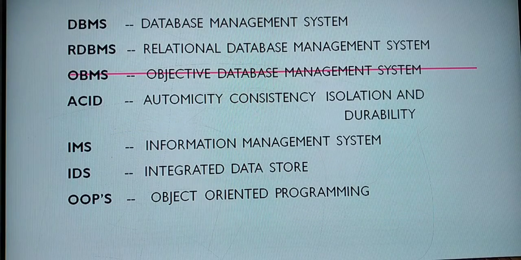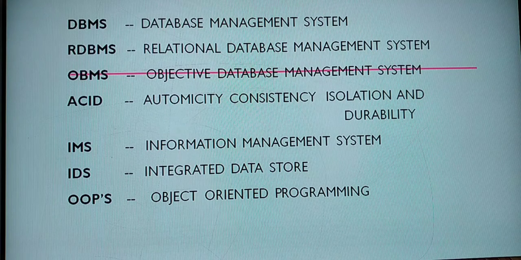Yes, these are your expansions. First one, it is your DBMS, that is database management system. Next one, RDBMS, relational database management system. OODBMS, object oriented database management system. ACID property, this is a concept that you will have under database concepts: atomicity, consistency, isolation and durability.